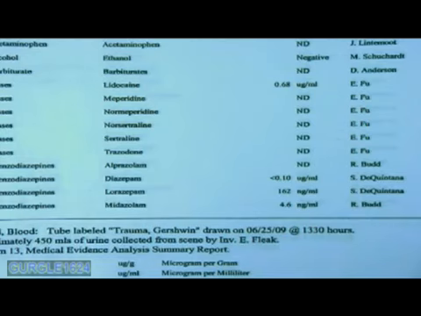Alprazolam, which is also known as Xanax, was not detected by an analyst named Robert Budd, B-U-D-D. The next drug is diazepam, also commonly known as Valium, and it was detected and reported as present in less than 0.10 micrograms per mil. And that was done by the analyst De Quintana.